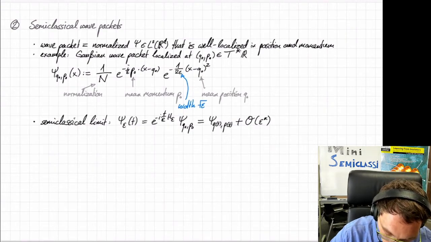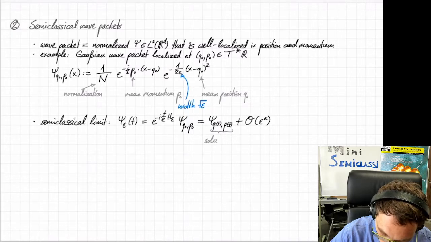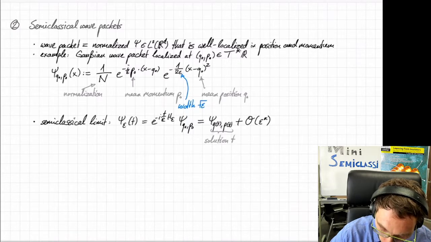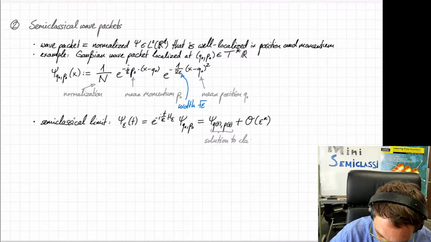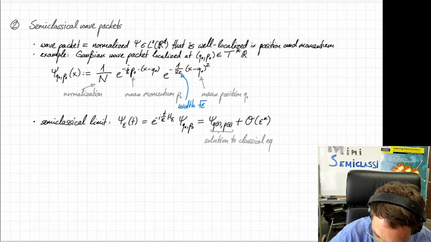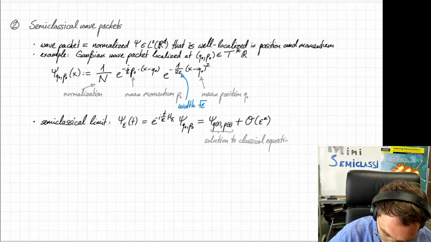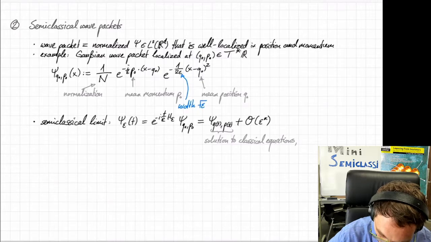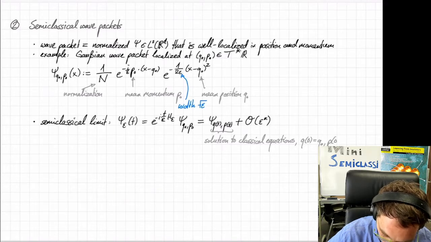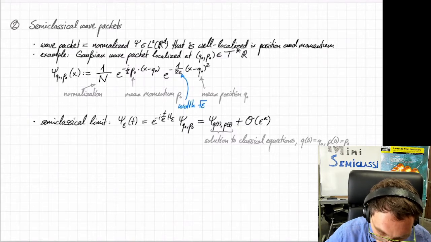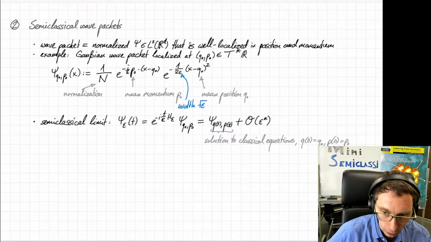So of course, q of t and p of t are the solutions to the classical equations. And of course, the trajectory must start at q naught and p naught. I guess this is clear from the notation here.